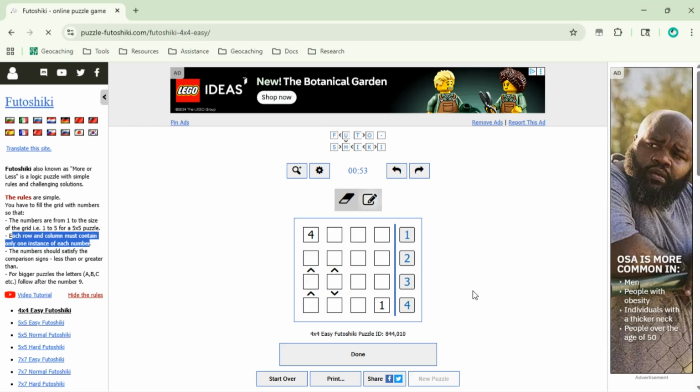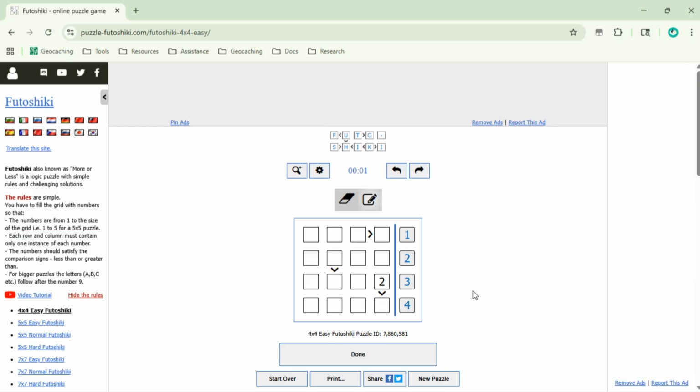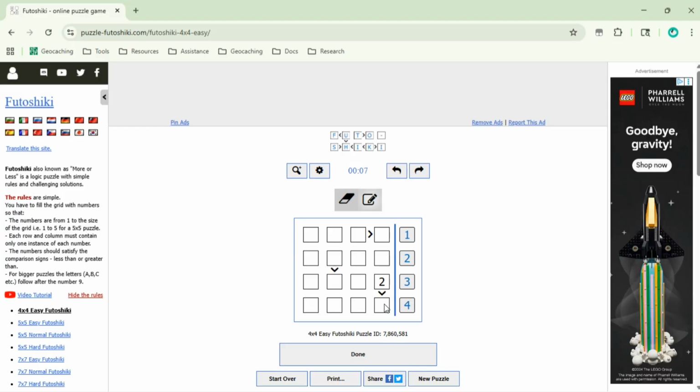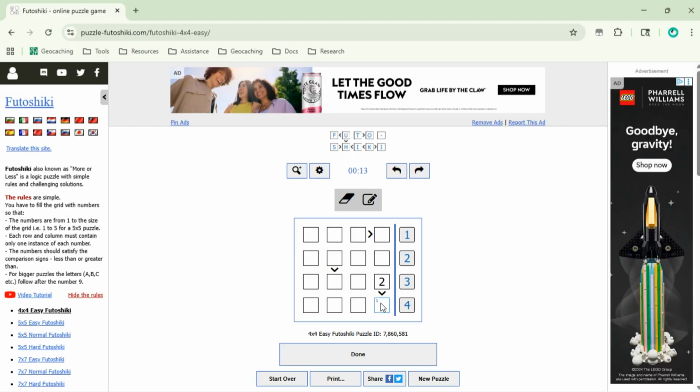I'm taking a new puzzle. So we see here very few clues are needed, but there is immediately something we can say, because the 2 is smaller, the number smaller than a 2 is a 1. So we know with these tools we can switch between candidates or absolute options. So we know that this has to be a 1. So that means that for now we go back to the candidates.